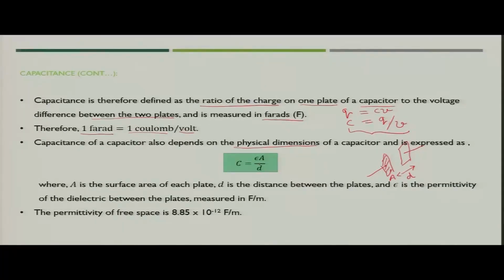So, C would be epsilon A by D, where A is the surface area of each plate of the capacitor and D is the distance between the two plates. Epsilon is the permittivity of the dielectric between these plates and it is measured in farad per meter. The permittivity of free space is given as 8.85 into 10 to the power minus 12 farad per meter.